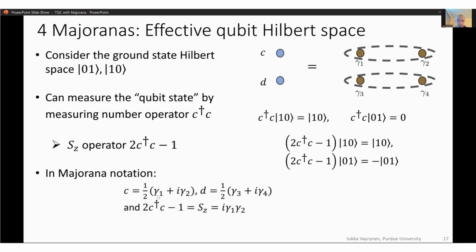So what you can do is invert this equation for C. You can solve for gamma 1 gamma 2 by using this C and C dagger, and then plug it into this I gamma 1 gamma 2 and show that it becomes this one, or vice versa.